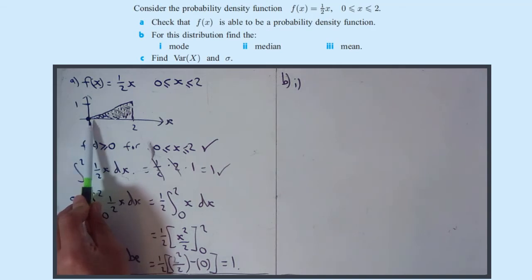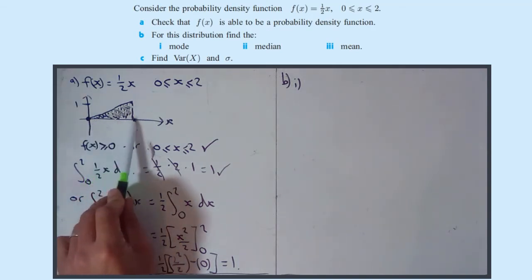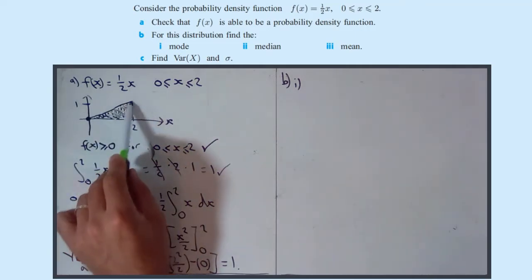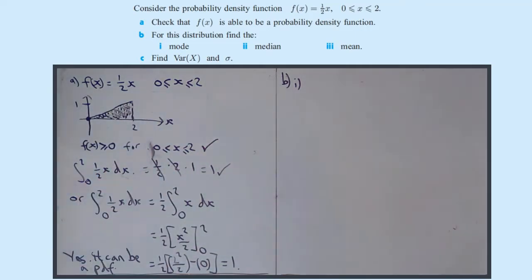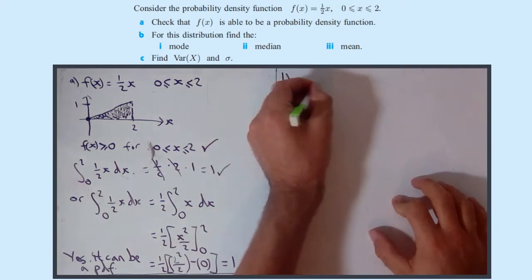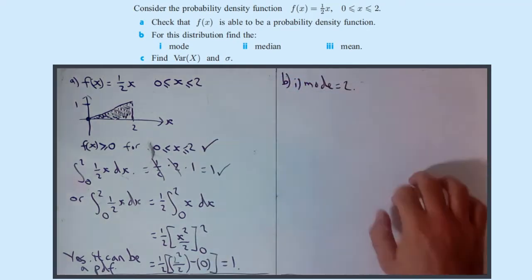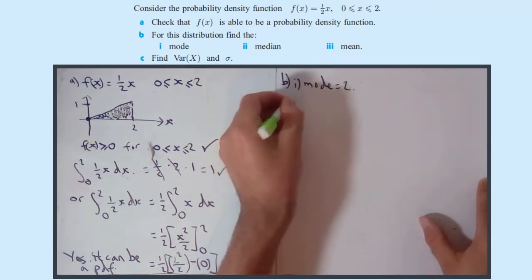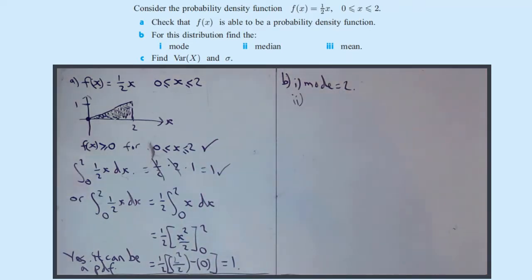So the mode is whatever value of x has the highest y value, and it's clearly when x equals 2. So the mode equals 2. It has the highest probability density, which is a bit like a relative frequency. But remember, the actual probability of x being 2 is still 0. So it's quite a strange way to think about things.